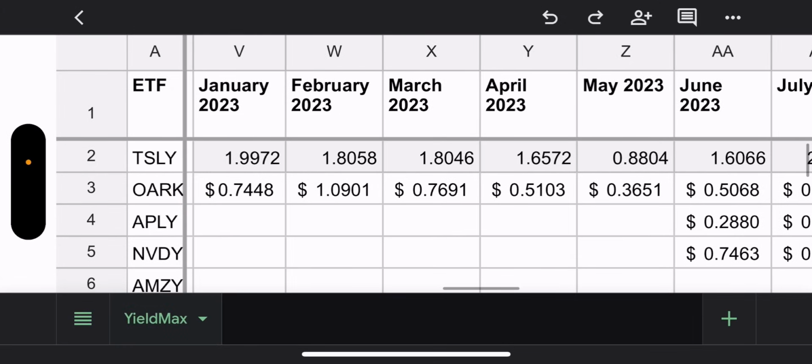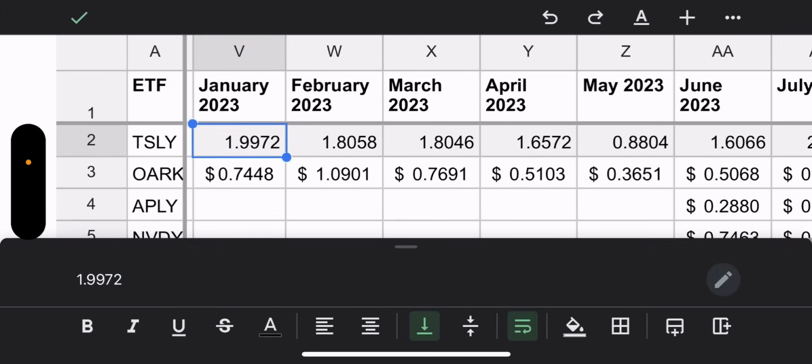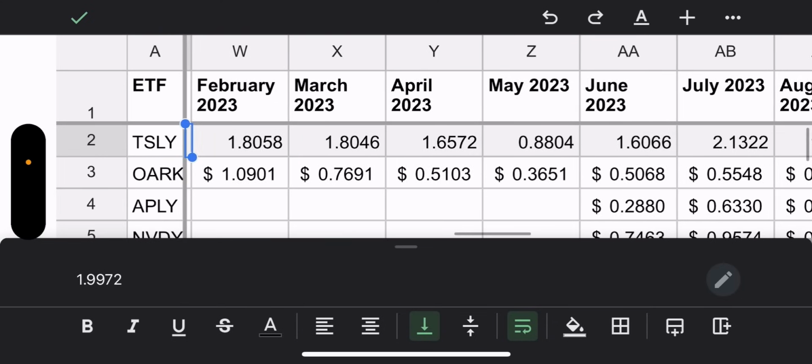In January, they paid a certain amount, which I had to double. I took the original payment and multiplied it by 2, because of the reverse split. You can't use all the data together unless you put post reverse split data for everything. So hopefully that makes sense.